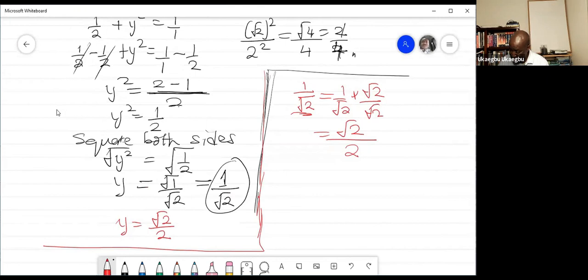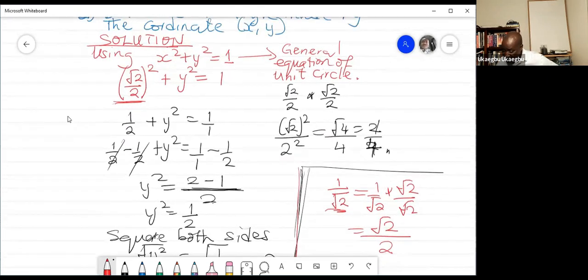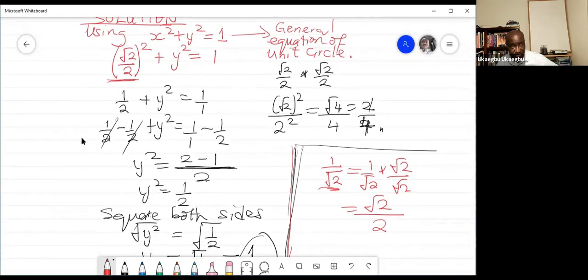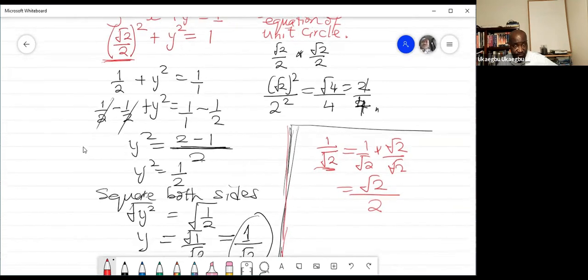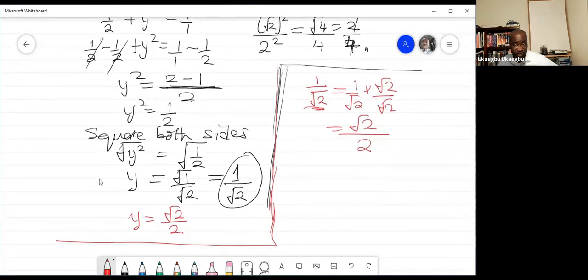And that's just the first part of it. If you take a look at all the things we have just done, all we have used is Pythagorean theorem. And then we manipulated fractions. That's all we did. Nothing strange, nothing new.